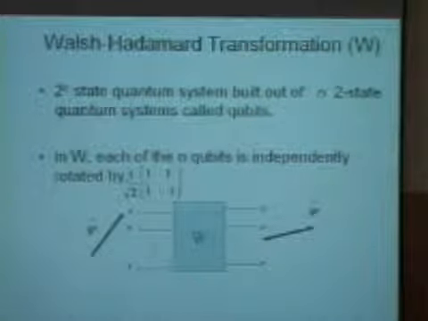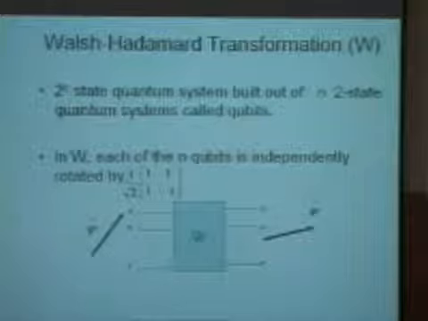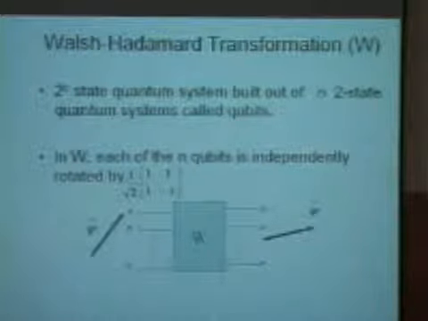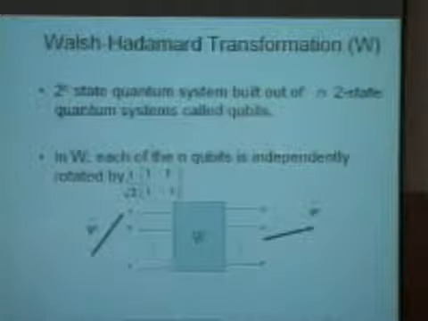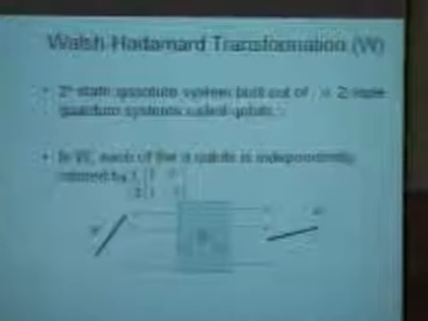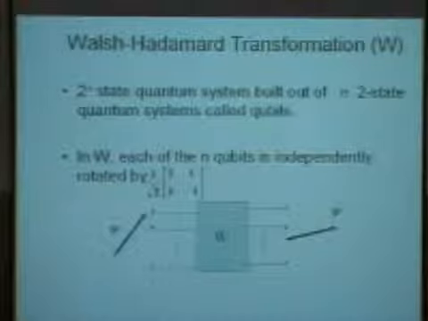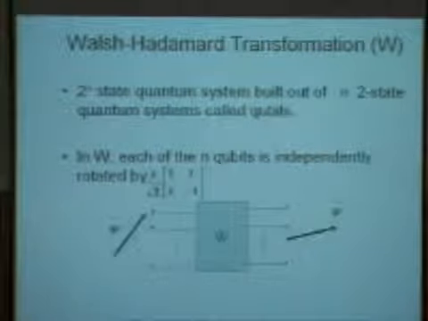And if you start with 0, 1, you get 1, minus 1. Actually, it turns out that the probabilities are proportional to the squares of these amplitudes. So if you were to do a measurement of the basis vector right after applying this transformation, you would get exactly the same result. So it is completely randomizing as far as the basis vectors are concerned.